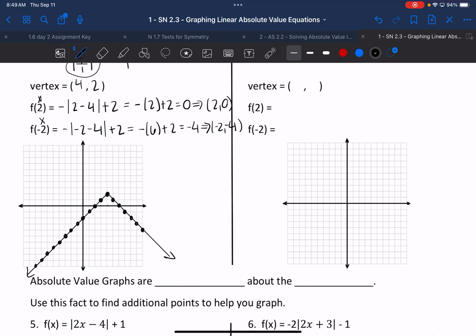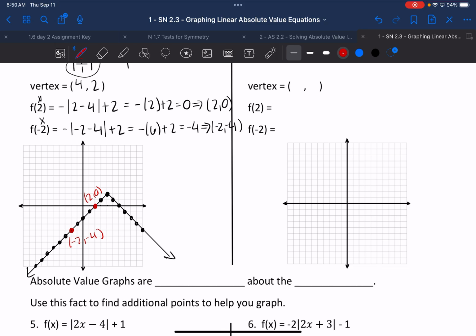All right. And then those 2 points that we said should be on there would be at 2, 0, which we do have one right there, and at negative 2, negative 4, which we do have another right there.